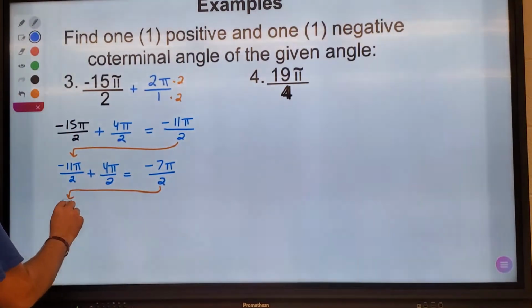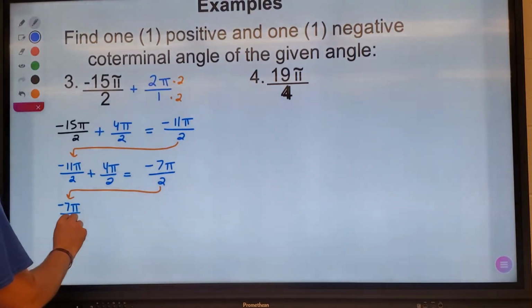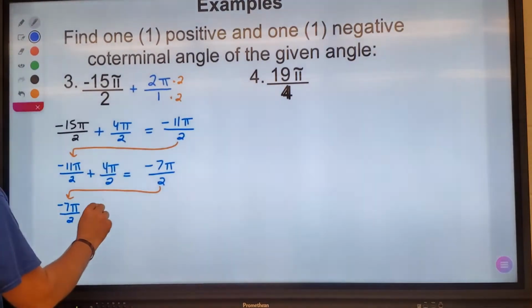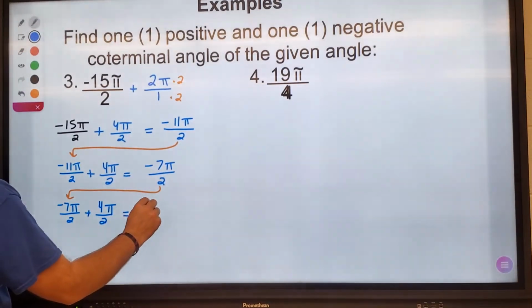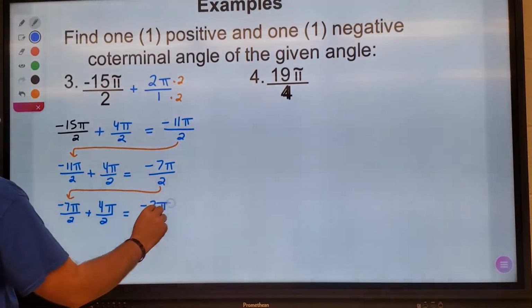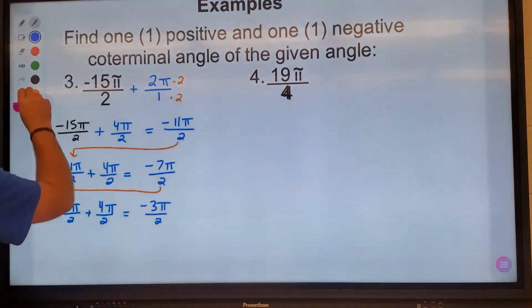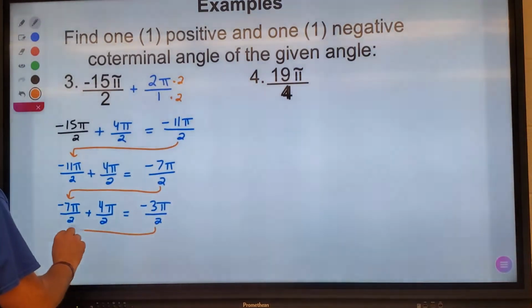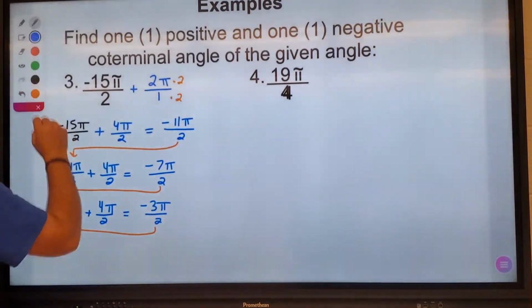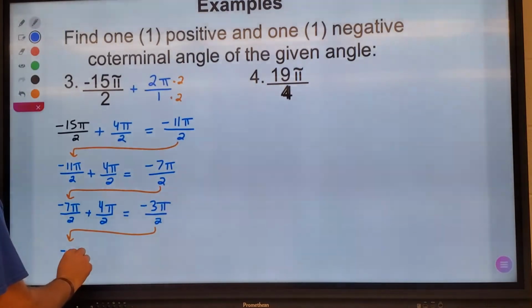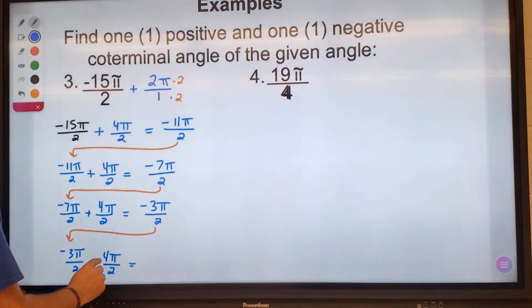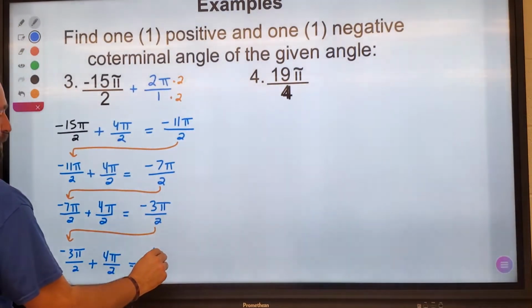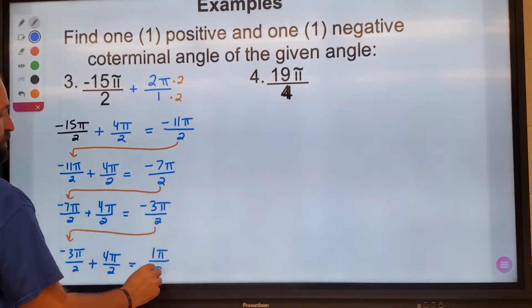So I have negative 7 pi over 2 plus that 4 pi over 2, which gives me negative 3 pi over 2. And one more time now: negative 3 pi over 2 plus 4 pi over 2 is going to give me 1 pi over 2.